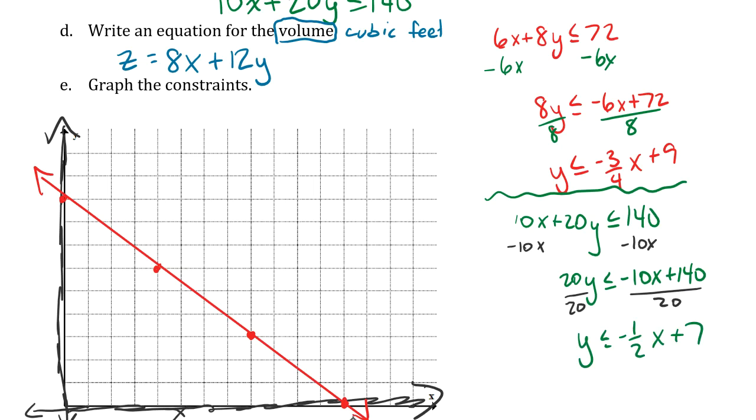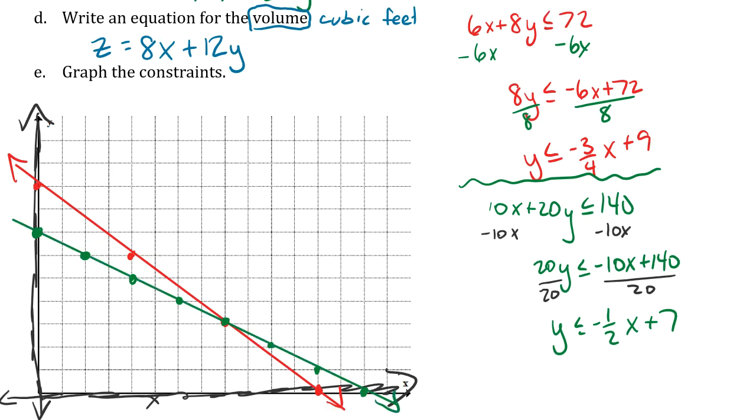So again, to graph this one, we go up 7, put our first point, and then it's going to be down 1 over 2, over and over. And again, draw our line, and we're good to go with that one.